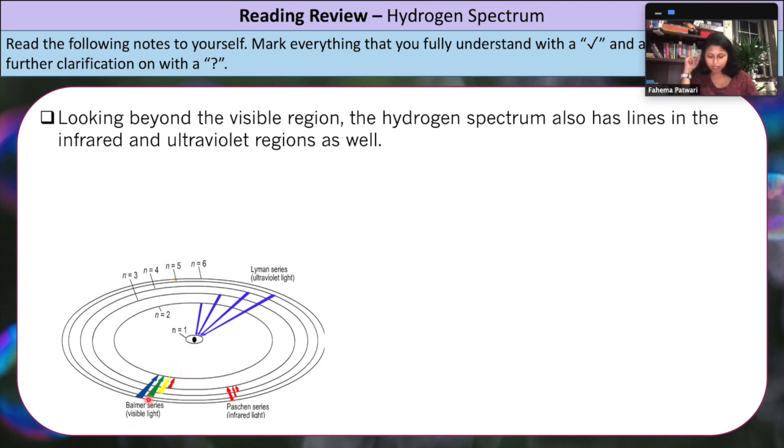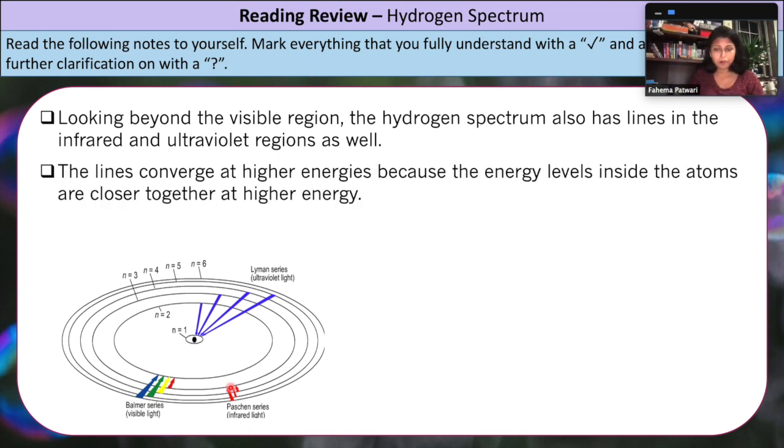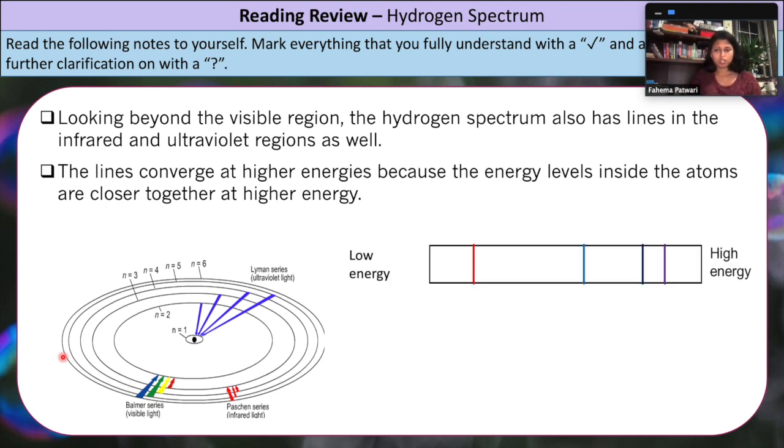Electrons dropping to a specific level, releasing visible light. But hydrogen also has electron drops that could release ultraviolet light. It also has drops in energy that release infrared light. And we see again the convergence, right? Energy levels 1 and 2 are very far apart, but then the gaps become smaller and smaller as they converge at higher energy levels. You can see it in this visualization as well.